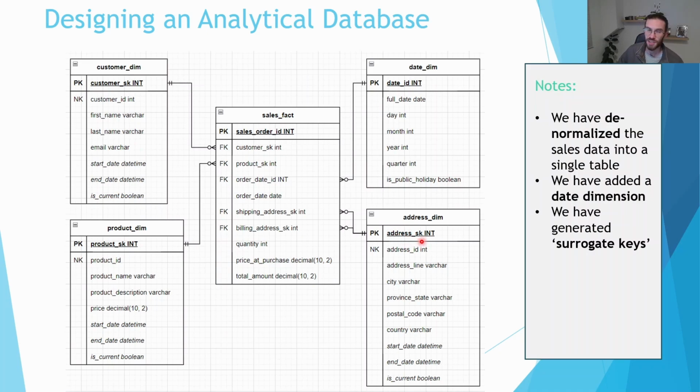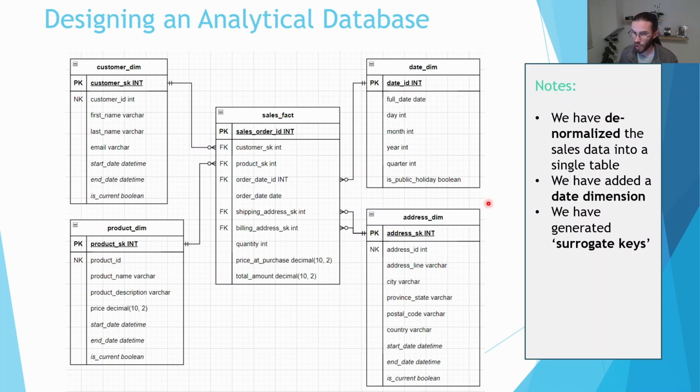Why we call it a surrogate key is because this is typically generated in your analytical database. So this is a brand new primary key given to your addresses, but we still store the original IDs for the addresses and refer to this as an NK or natural key. This is its natural key, and this is its new primary key that we use for our analytical model. Why we do that will become apparent on the next slide.